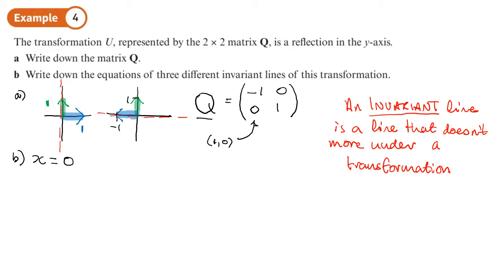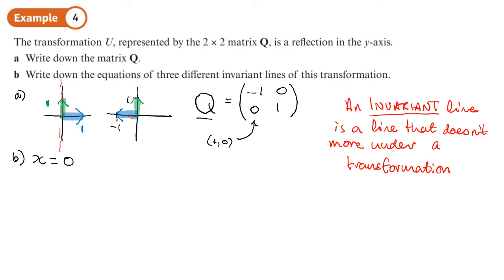It will look like it's staying exactly where it is. So we can say that the line y equals 0 is invariant. In fact, scrub what I just said. That wouldn't be true because points on one side of the line would reflect to the other side of the line. So that's not quite the case.